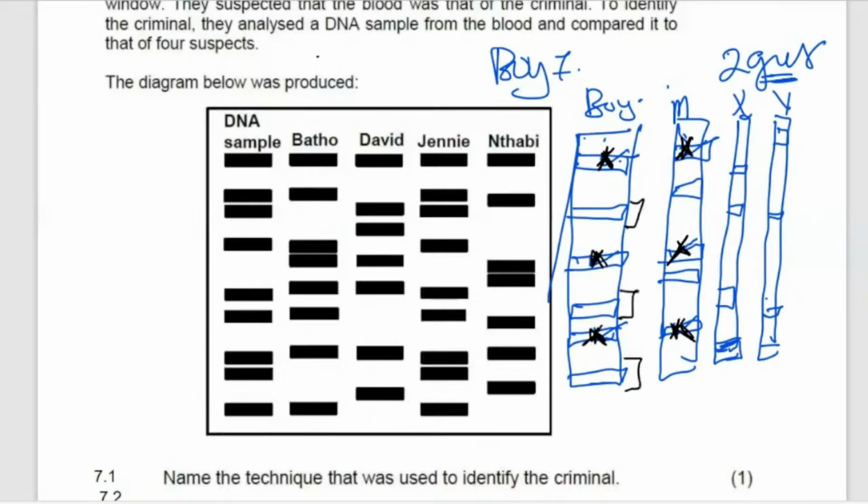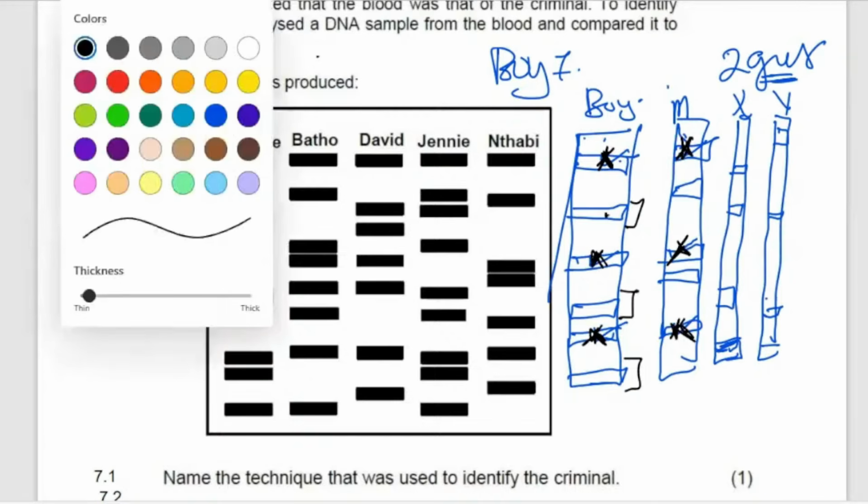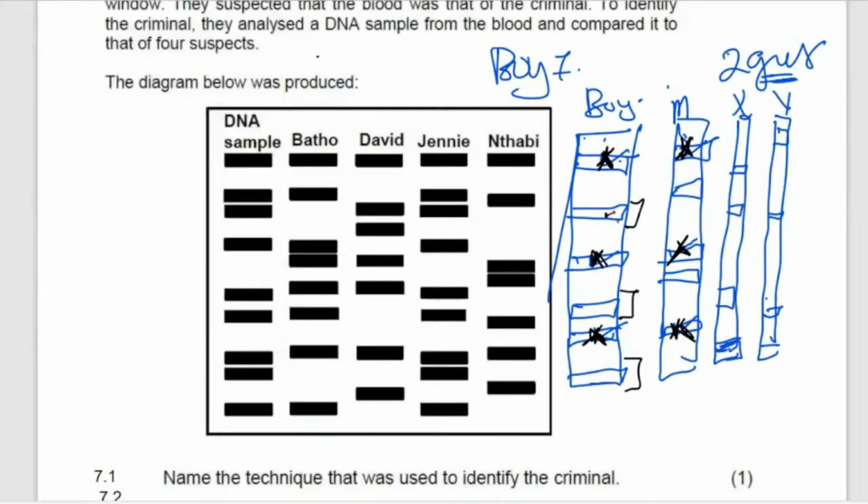must correspond with one of the guys. If there is one bar which is not corresponding, then that's not the father. Is it clear? Now I come here. I look at this: what does this one correspond with? If there is no one corresponding with it, then it's out.